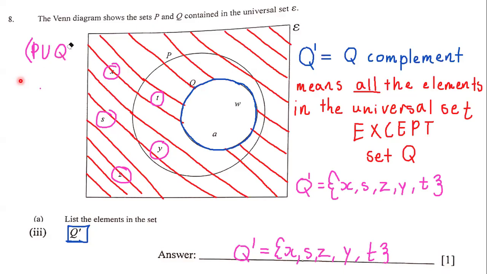Our question just was P union Q. So when it's P union Q like that, then you include everything that's in P and Q. But if it has the dash on top, then you do not include what's in P and Q. So the dash tells us that we do not include it. That makes sense? Yes, sir. Good. So what is our answer for this? What is Q complement?